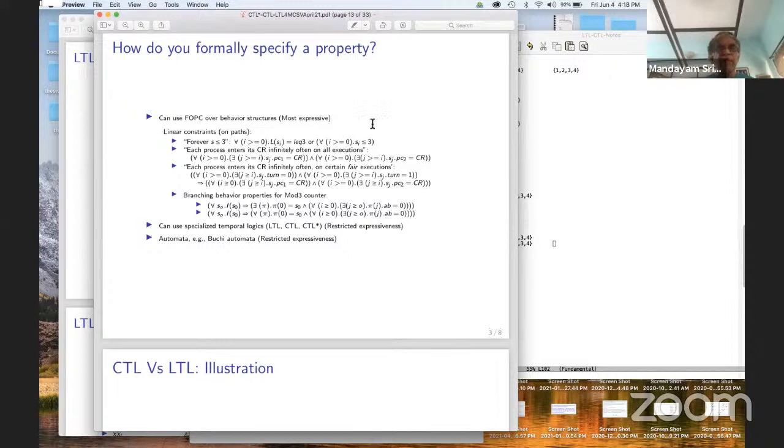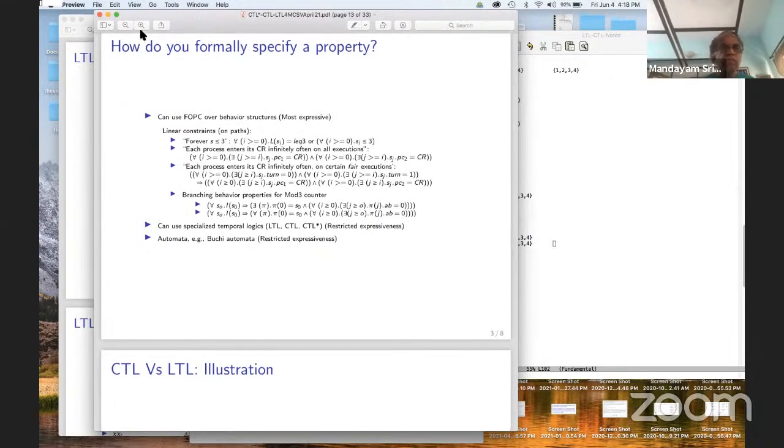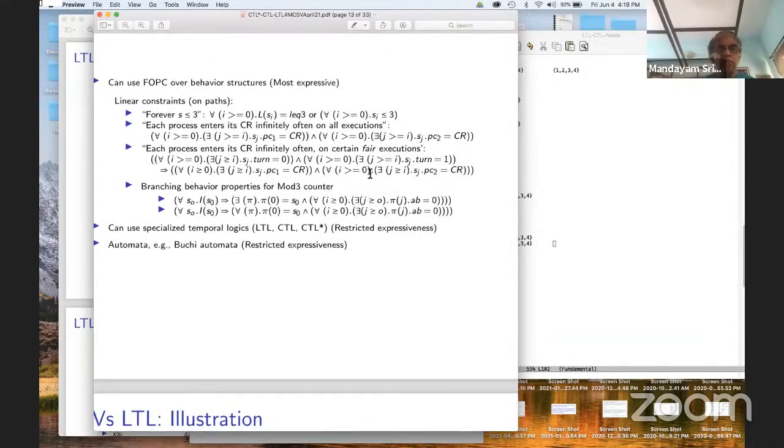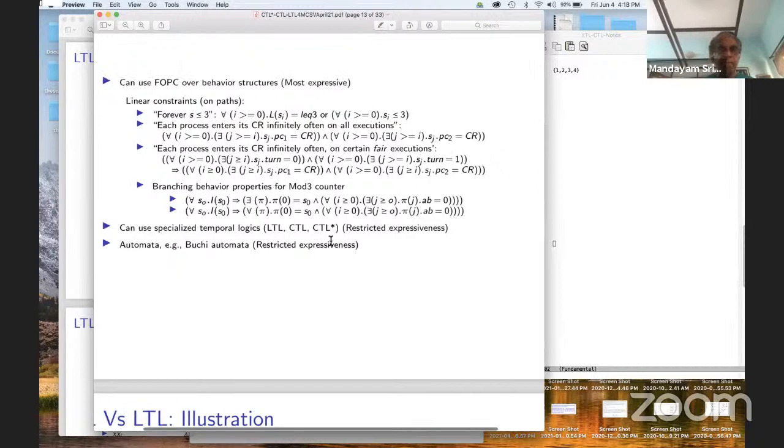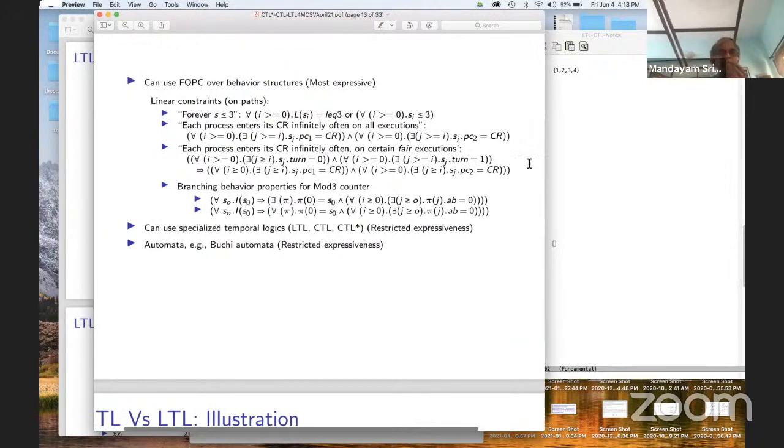I hope you can read this. Okay, so you've so far seen some examples where I've taken some formulas from CTL and LTL and then asked you to give me the meaning of that.